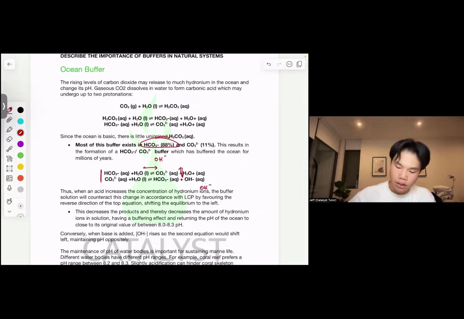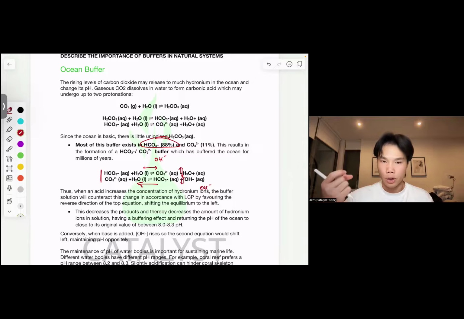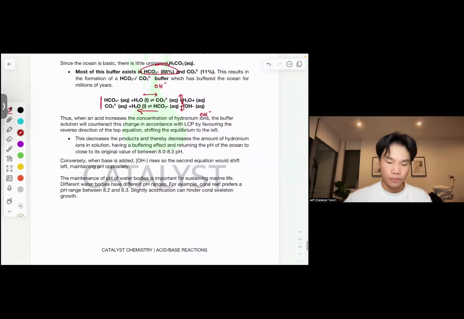If you added OH minus, it would increase my OH minus, shifting this equation left, which then causes a counteraction. OH minus comes back down. You don't see a big change in pH. That should be what you're trying to get to in your explanation of a buffer. How the system shifts and how pH ultimately doesn't change, because your OH minus and H3O plus concentrations minimally change by the end of it all.